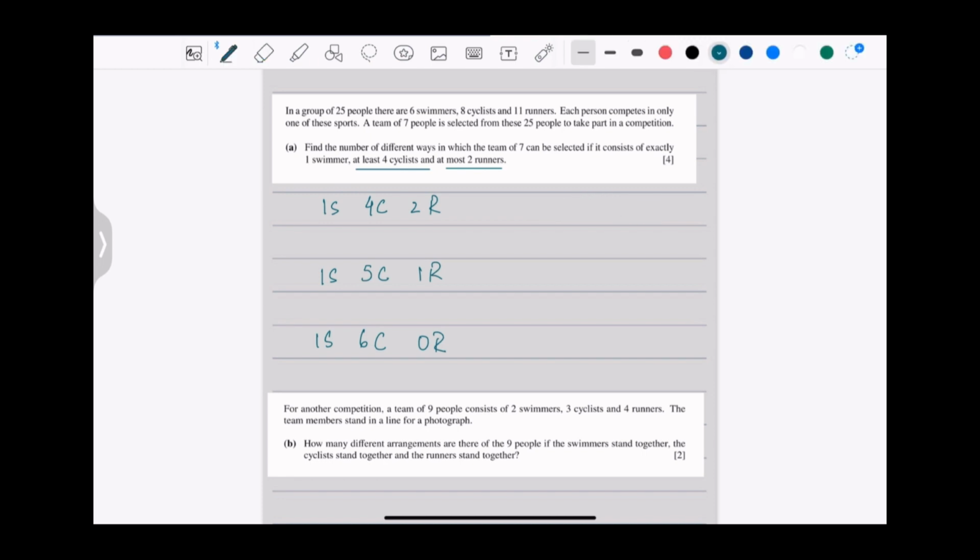So when we write down their respective terms, we will see that this is going to be 6C1, out of 6 we are choosing one swimmer, times 8 cyclists are in the pool, times choose 4, and 11C2, plus 6C1, 8C5, and so on.